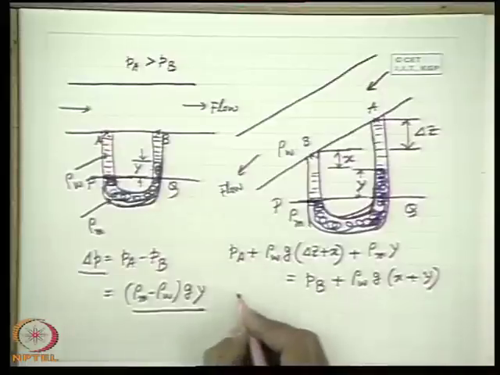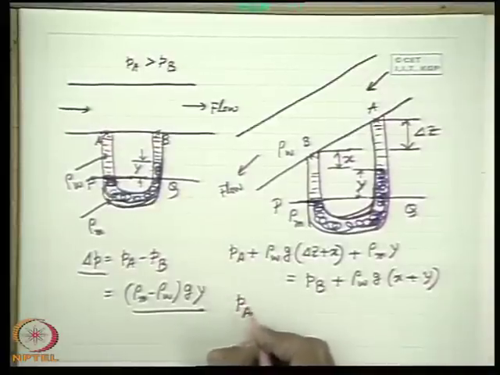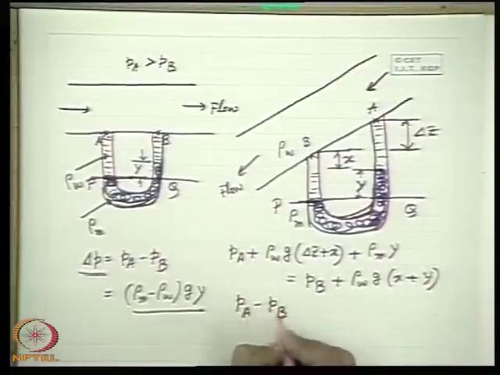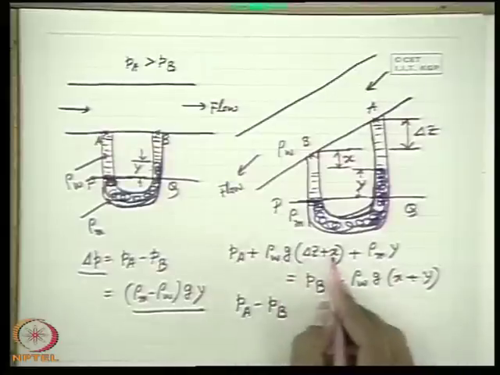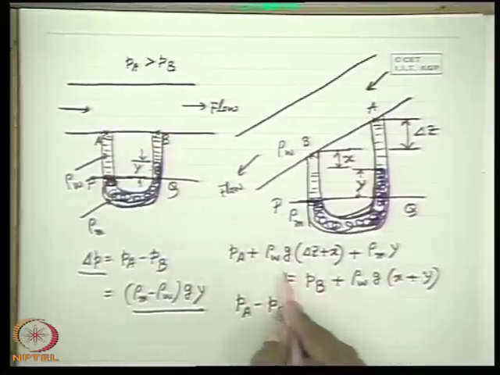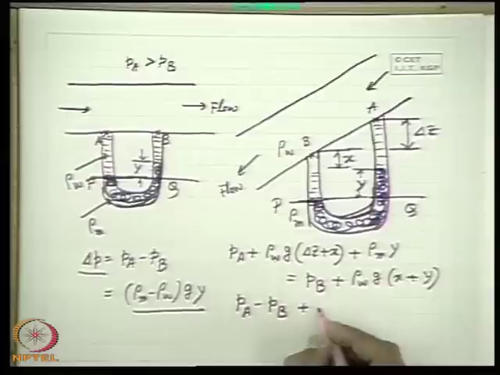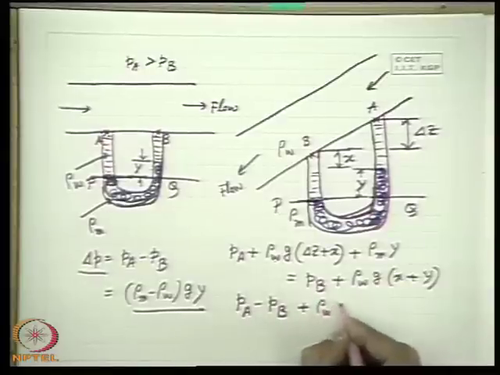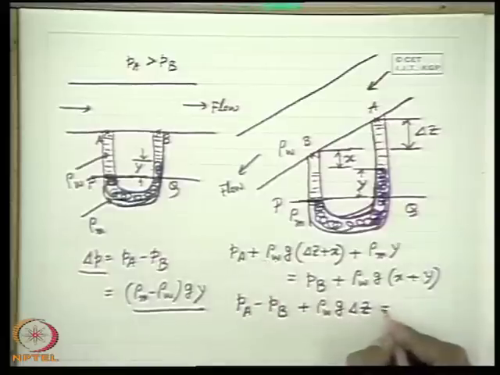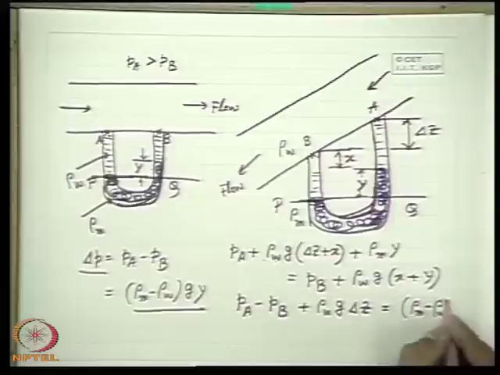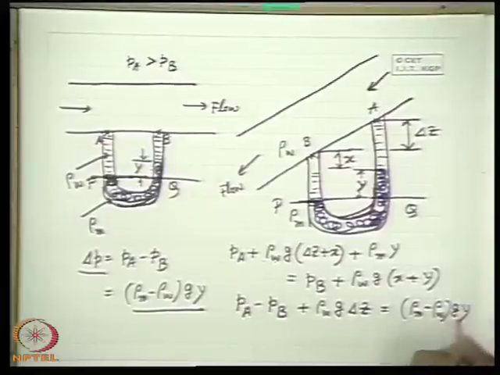If we equate this, rho W g x cancels from both sides, and we get PA minus PB plus rho W g delta Z equal to (rho m minus rho W) g Y.